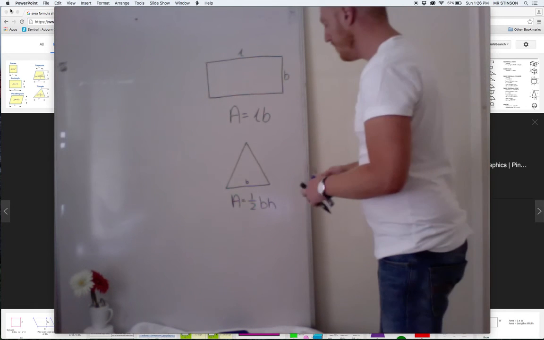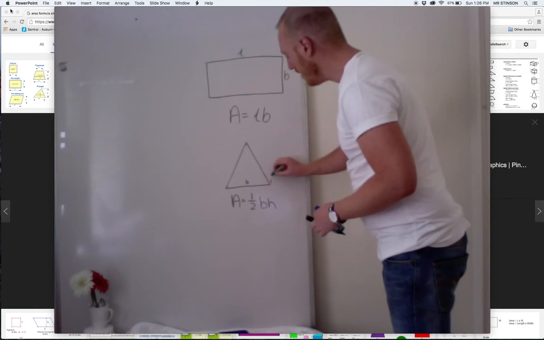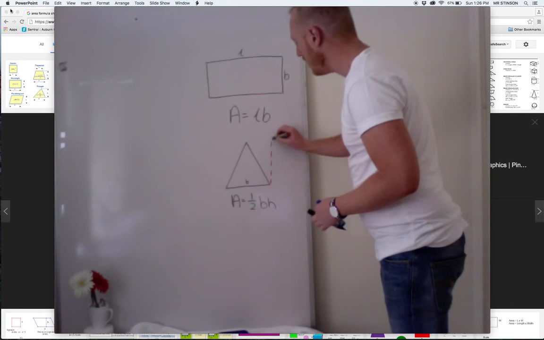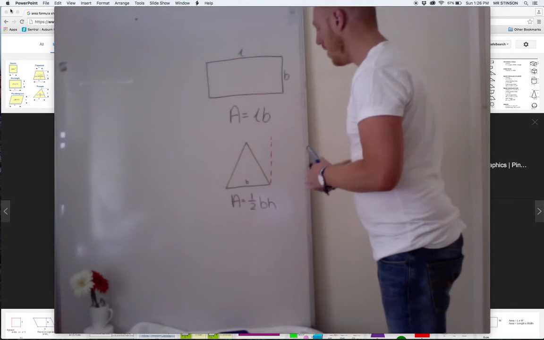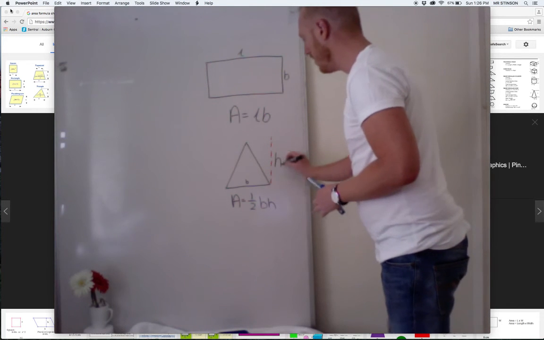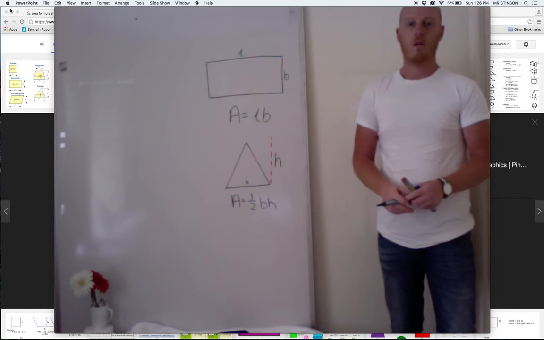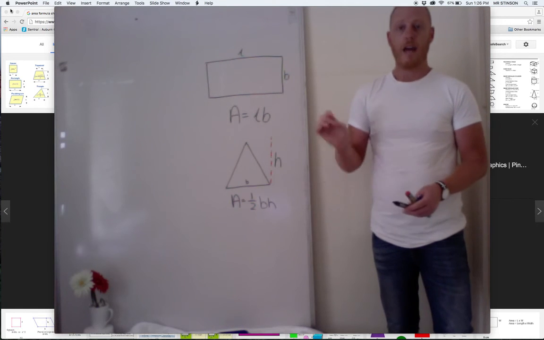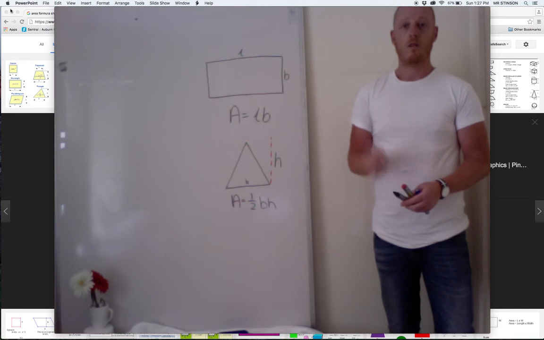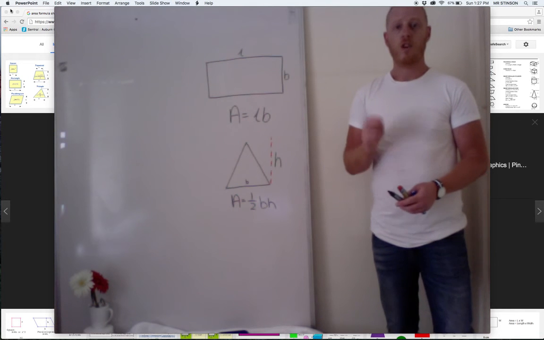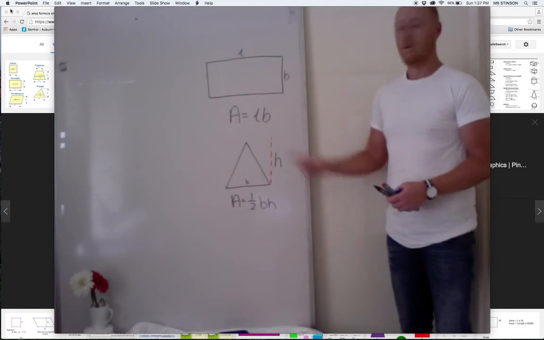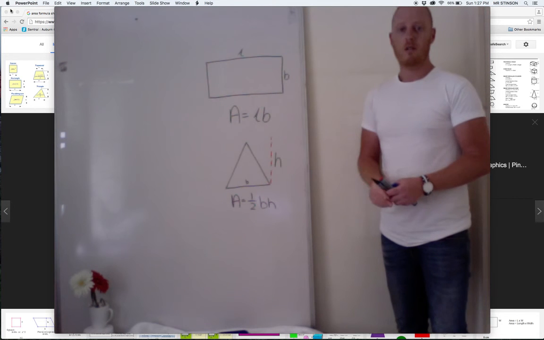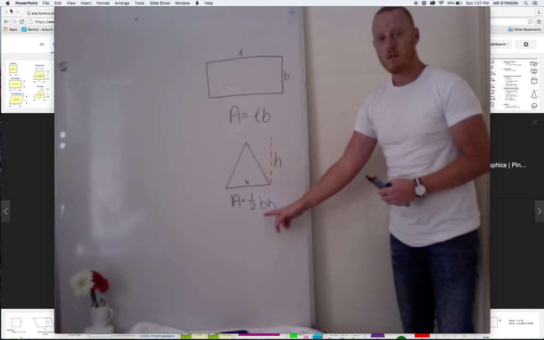H is the height of the triangle. So once again, we see different formulas and different values. The difficult part is for you to know in a rectangle what is L and B. In a triangle, what is B and H.